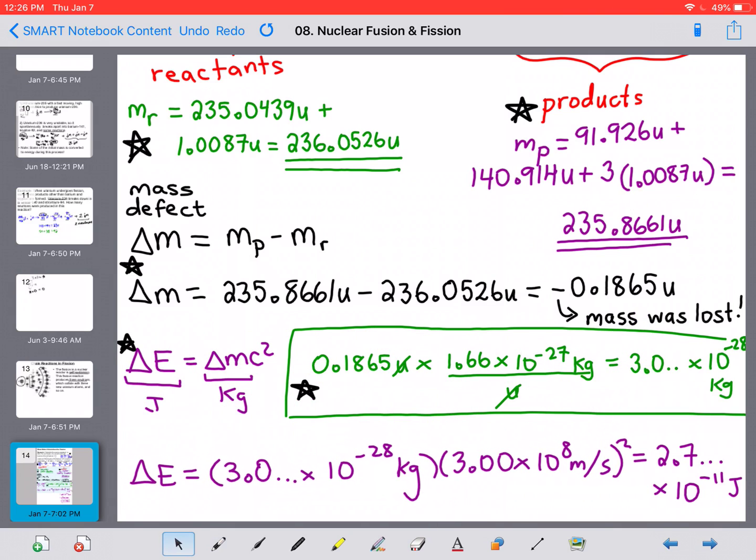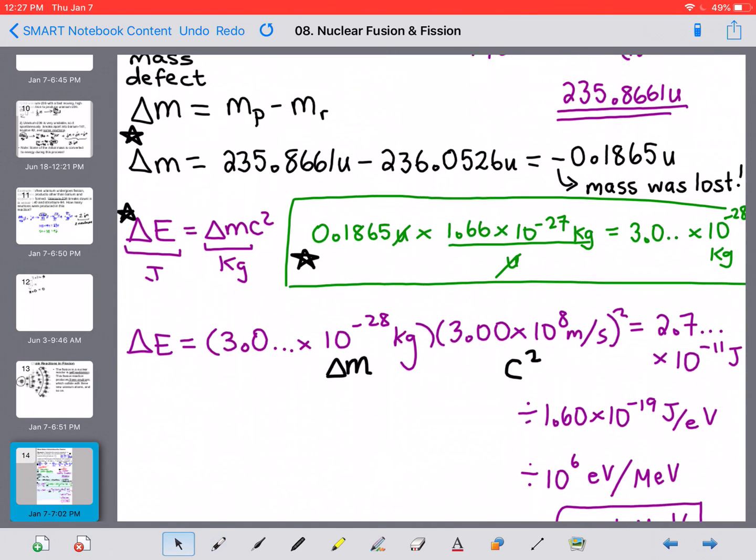Okay, so now we have our energy. Energy is 3 times 10 to the negative 28 kilograms times c squared. So we're just doing mc squared. We can call this delta m if we want to show that it's a mass defect.